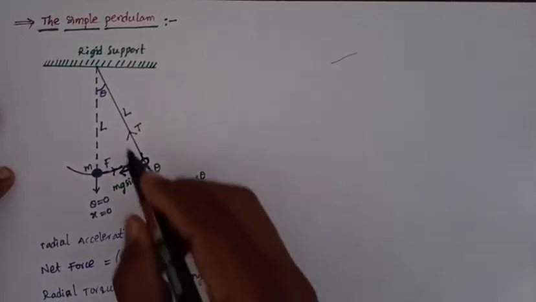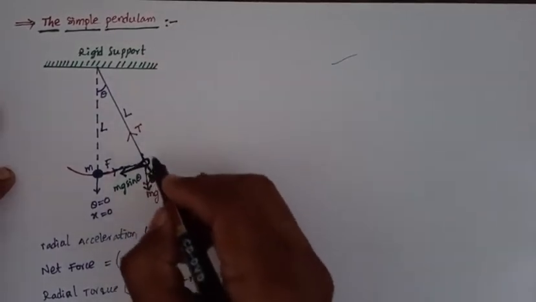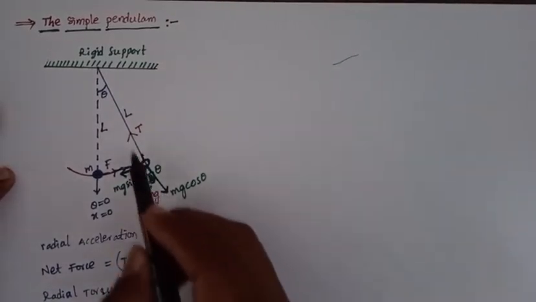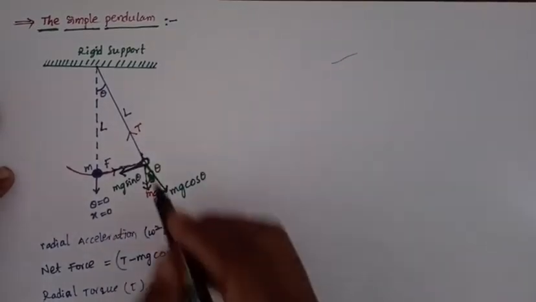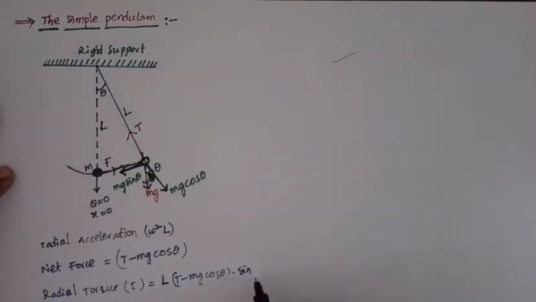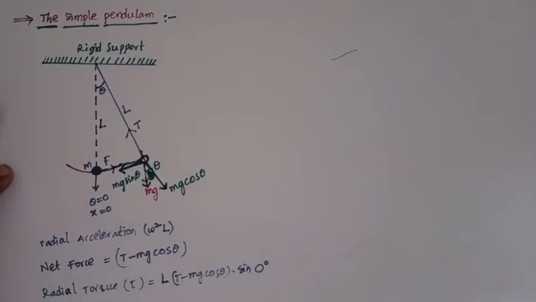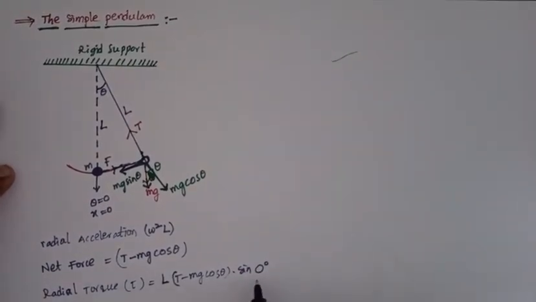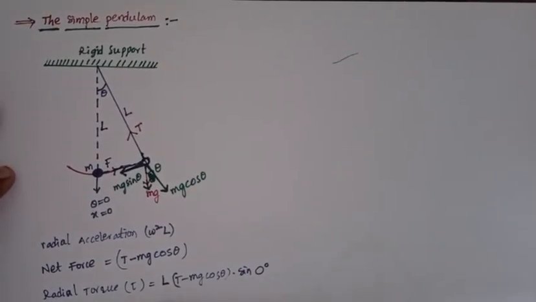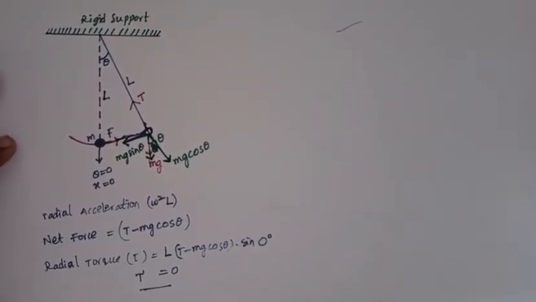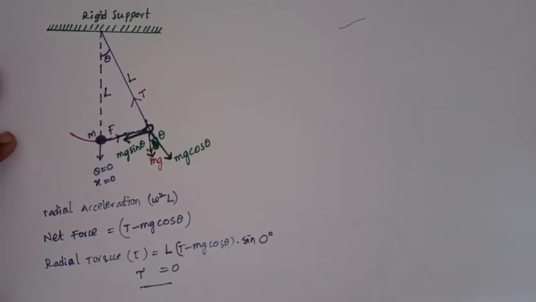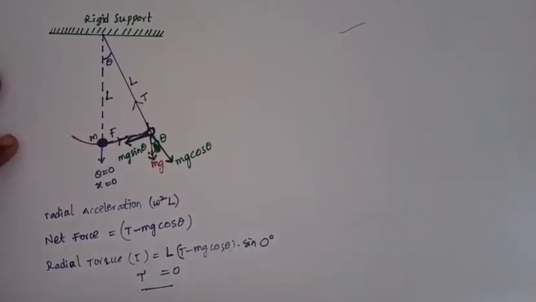What is the angle? Both are parallel to each other, in the same direction, so the angle is 0 degrees. Sin 0 is 0, so the radial torque tau equals 0. Now we can consider the tangential torque.